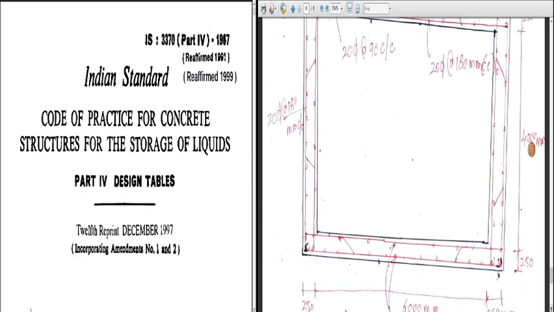Then we have calculated the moment at support and moments at center of the wall for both short wall and long wall. And we have computed the reinforcement for both also at the midway, and providing half, 50% of it, from the outer face to the center. So this is how we have to design it. So thank you.